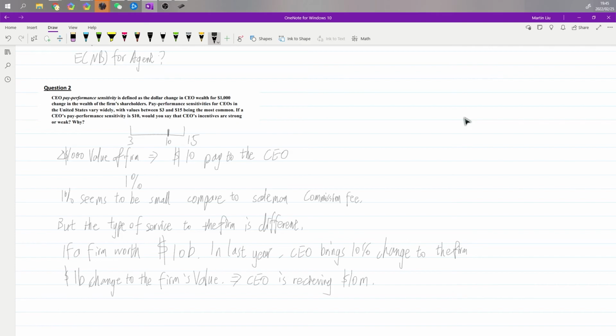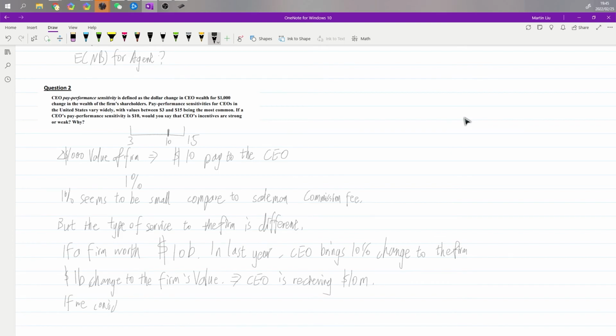So the CEO will be relatively happy to receive that much for the change he brings to the firm, and that is why we argue this payment is actually not as big as we expect.